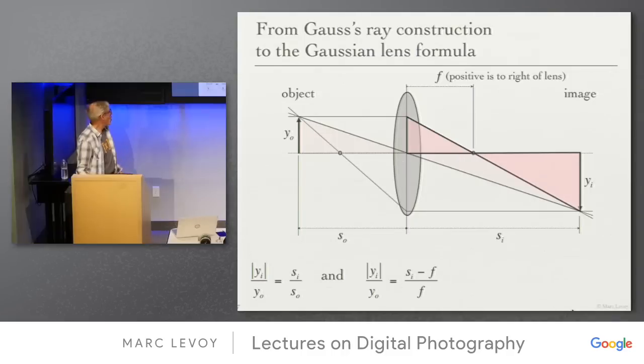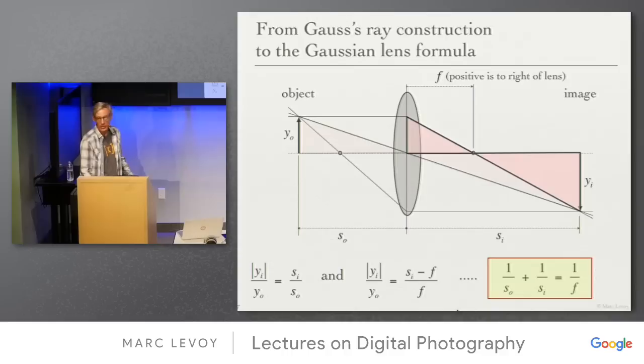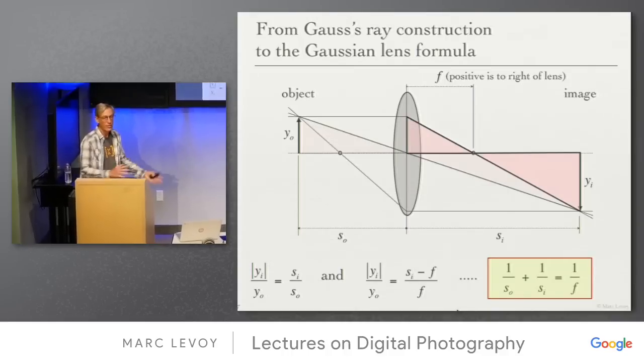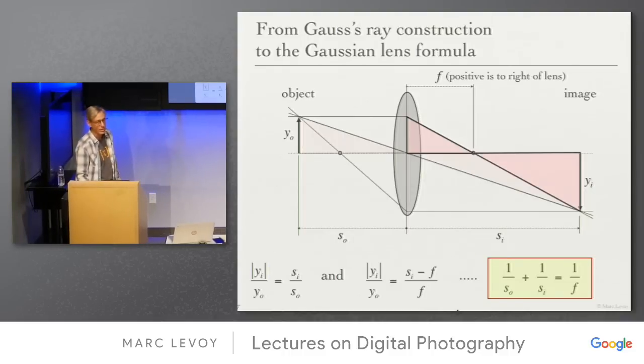Okay? So given those two, if you look at these formulas now, you'll see that the left-hand sides are equal, so you can equate the right-hand sides and fiddle, and you get that. Same formula that we just derived before. So if you trust Gauss's ray construction, then you can get to the same formula using similar triangles.